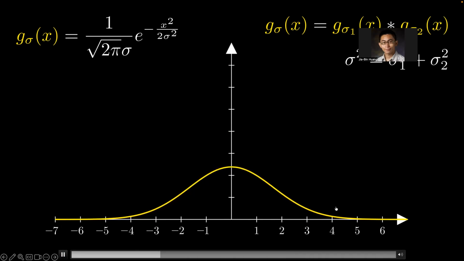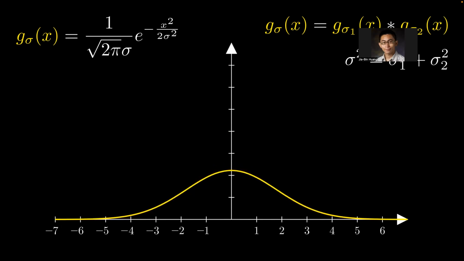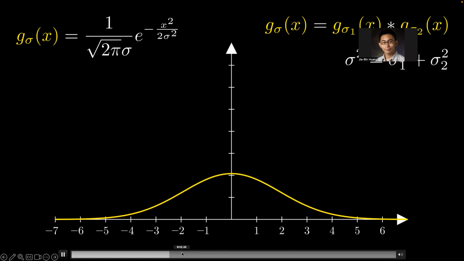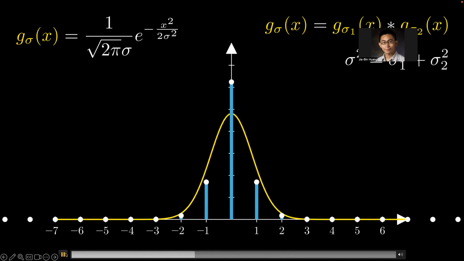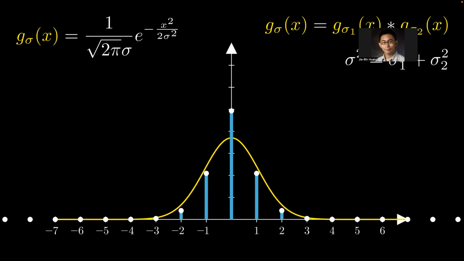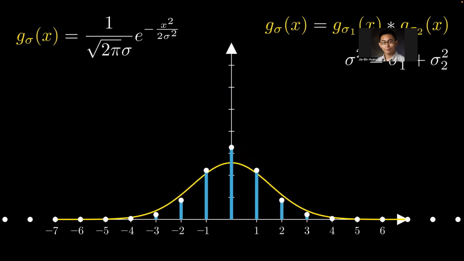Okay? But this only works in the spatial domain. In practical consideration, it doesn't really work if you use a discretized Gaussian. If you repeatedly apply the Gaussian blur, the yellow curve is a continuous Gaussian function, but the blue curve is the discretized version.